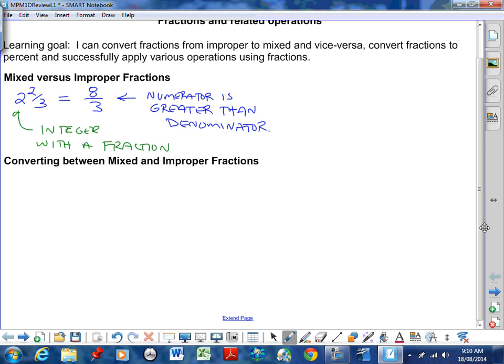If we take the example above, 2 2/3, what I basically have here is a pie, and I have 2 whole pies as indicated, and I have 2/3 of another pie. That means my pie was split into 3 components, so all the pies were split into 3 components, and the 2 whole ones are all colored in.